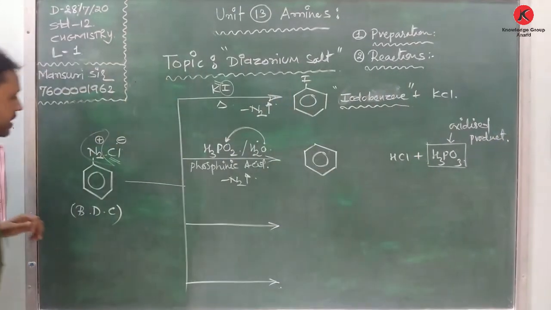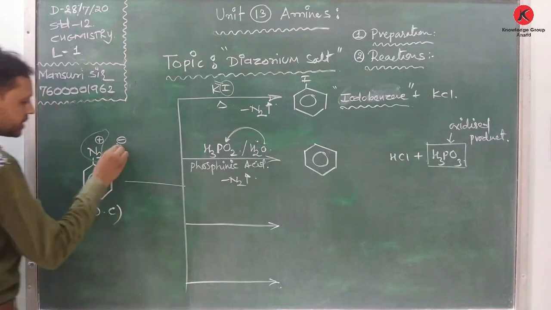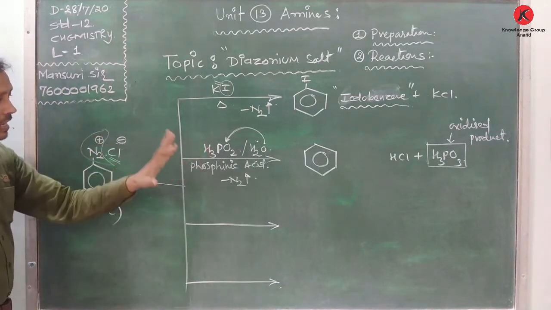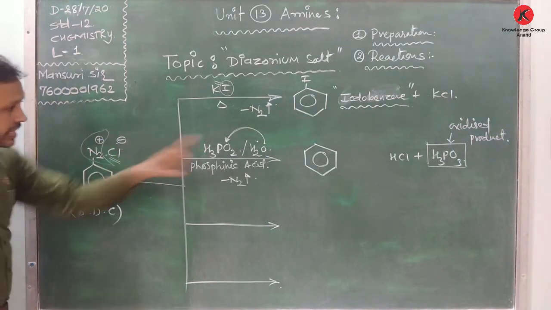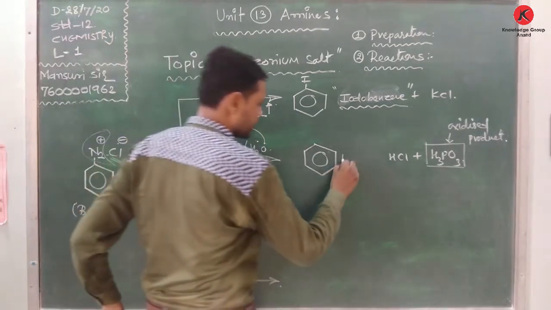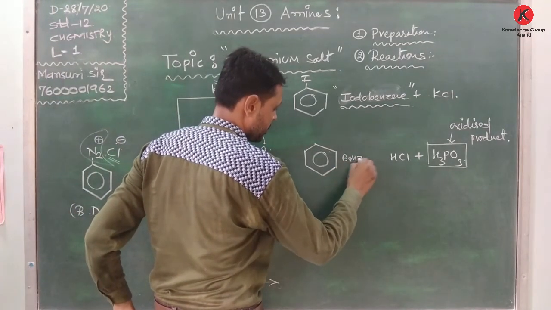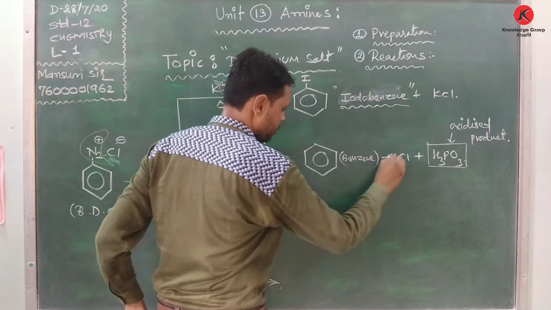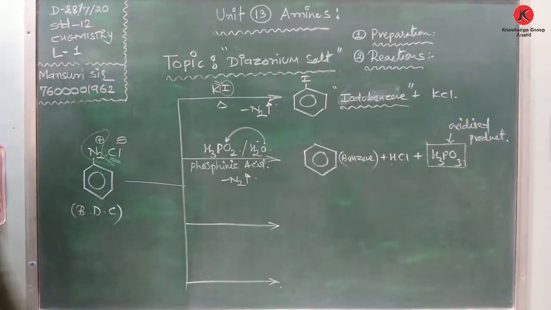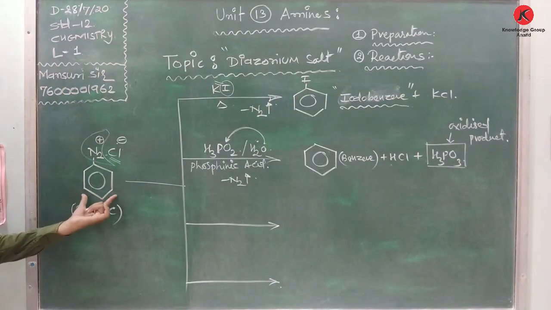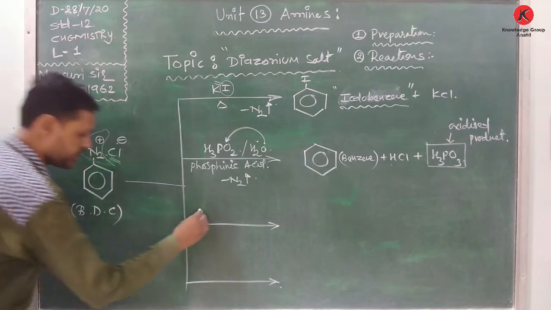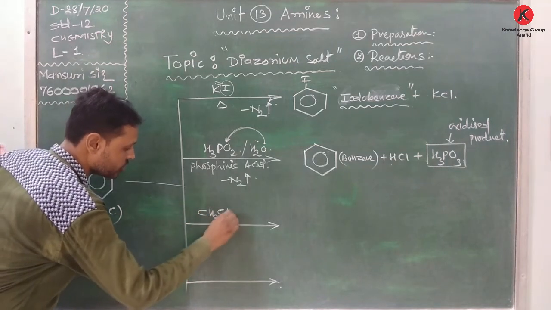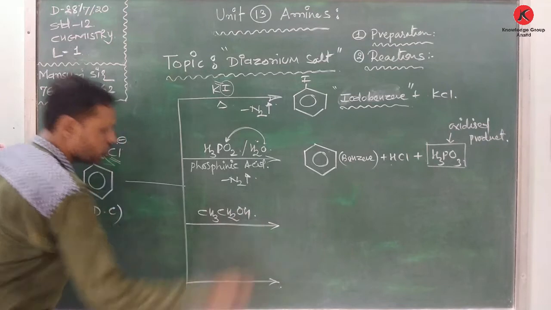And thereafter, one HCl will be removed, so benzene is formed. Here in this reaction, benzene is formed. Thereafter, benzene diazonium chloride reacts with ethanol, CH3CH2OH.